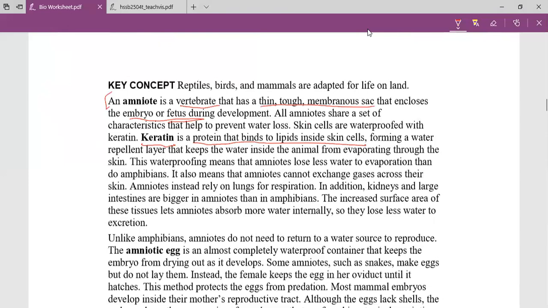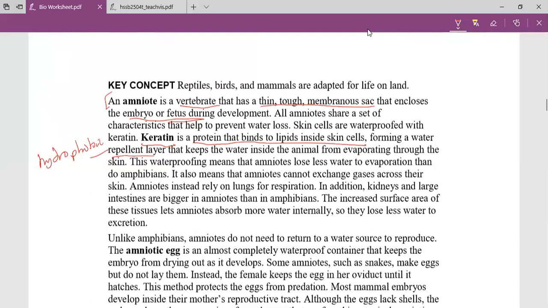Is that understood? So keratin is a protein that binds to the lipid inside the skin cells, forming a repellent layer. Repellent layer means it repels water, which is called hydrophobic. Another name for repellent is hydrophobic. It means it doesn't have any good relationship with water.